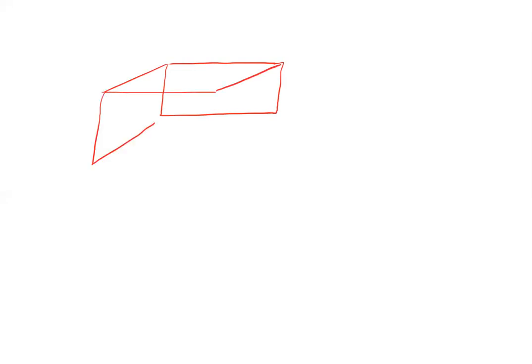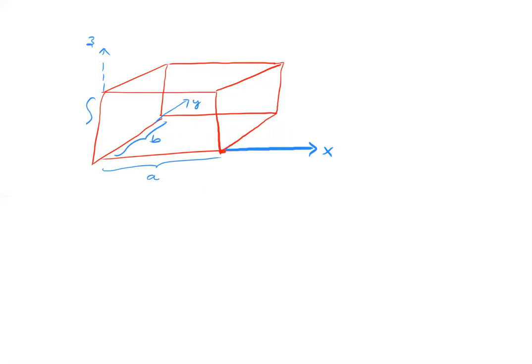So if you are taking a cuboid, let us say you have a cuboid, and let us say it is like this. Now many people will take axes in different manners. Let us say I am taking my x-axis here, y-axis here, z-axis here. Let us say the dimensions are, this is a, this is b, this is c.